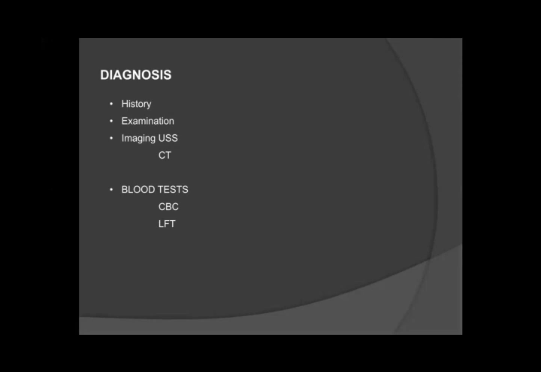Why are they all important? Because they will guide us in caring better for the patient. Initially, history and examination along with imaging helps us confirm our diagnosis, which we could have concluded from examination. And then we run the blood tests.